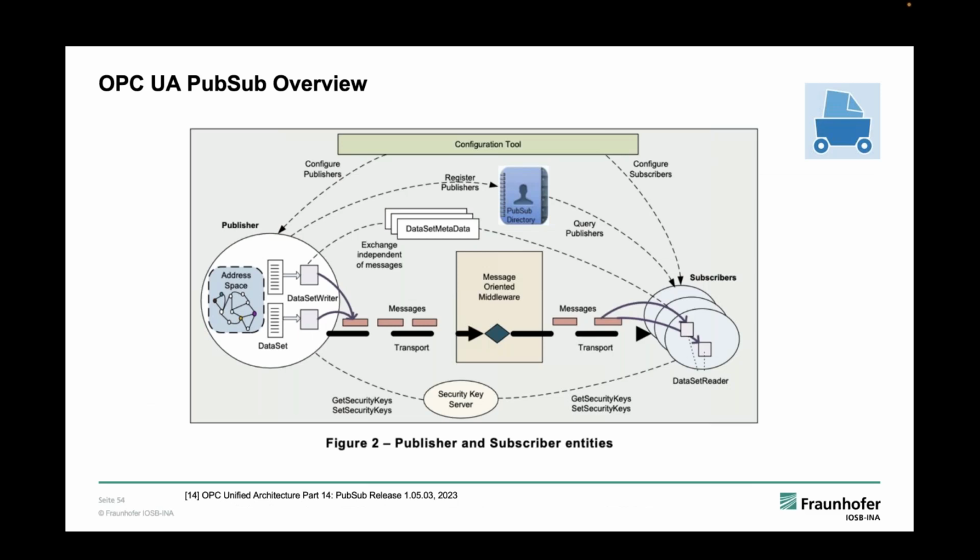And let me highlight some points regarding OPC UA pub/sub in general. So on the top of this figure here, you see a configuration tool. And that is a very important point for OPC UA, which comprises a configuration model where you can configure your publishers and subscribers, for instance, just via general OPC UA clients.